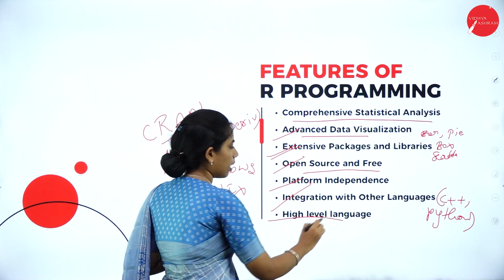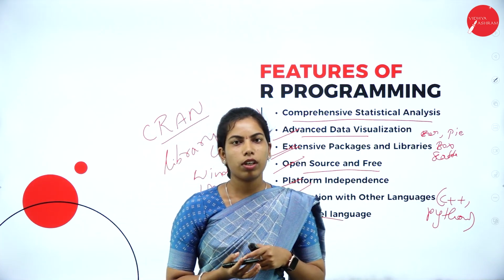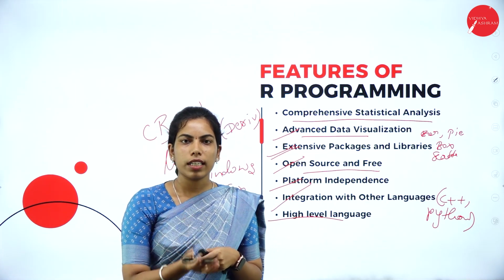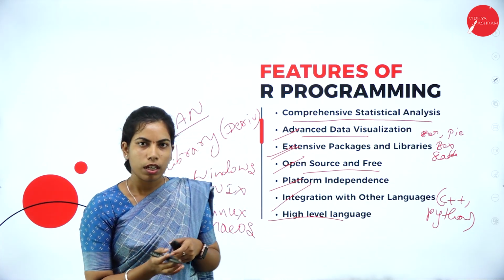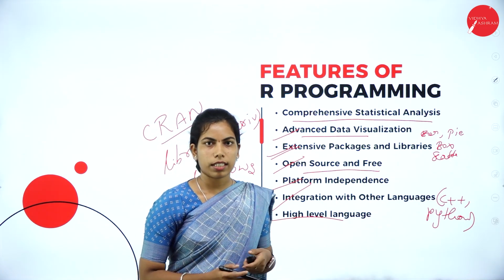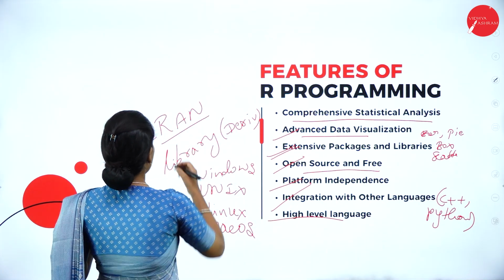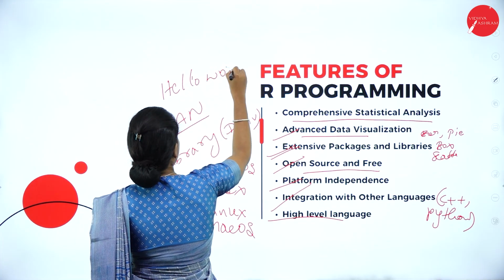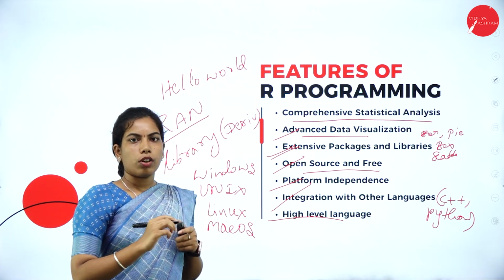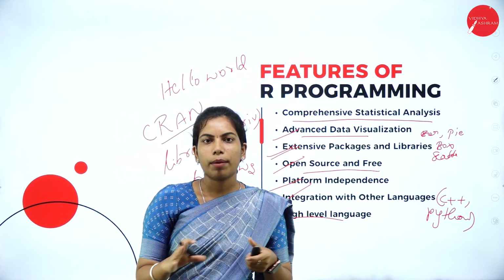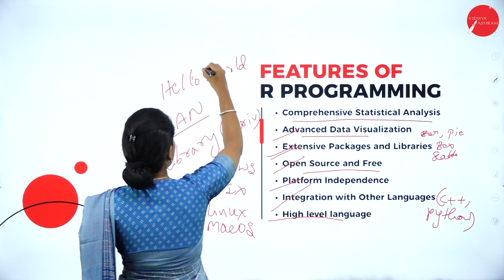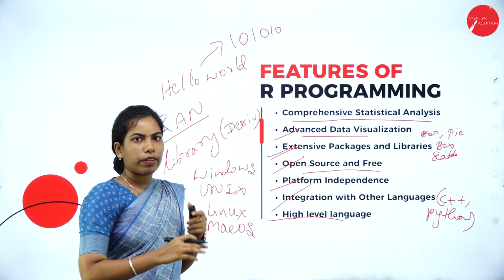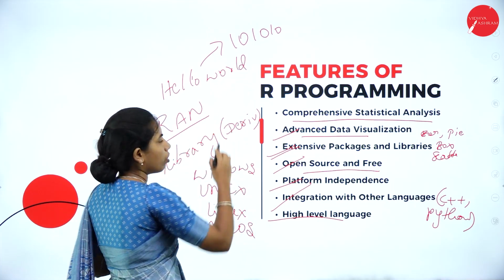Let's see the next feature, high level language. High level language and low level language are computer languages, right? As human beings, we have to instruct the computer by some codes, and then only the computer will do the task. For example, if I say hello world to my computer, when we write hello world in normal English it will accept, but the computer reads binary bits like 10010.